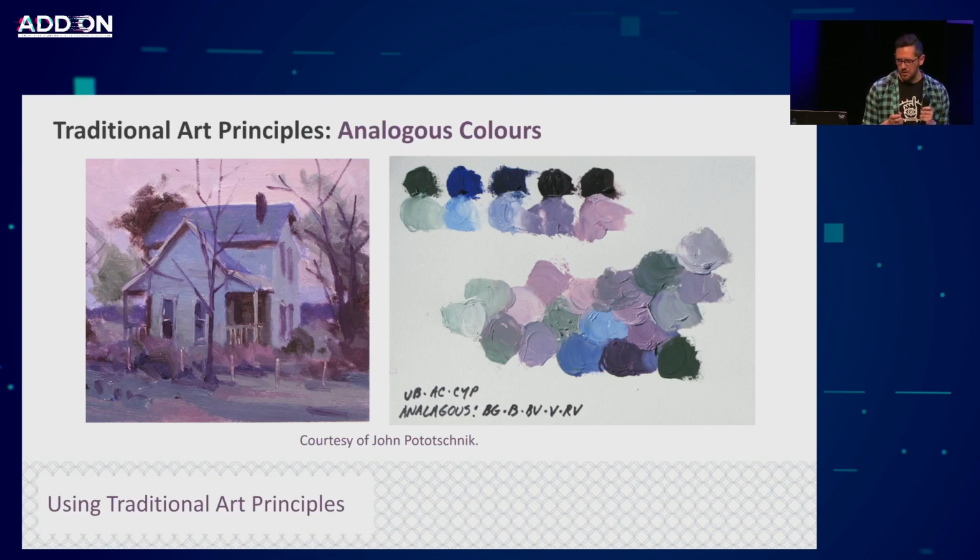But using analogous colors gives everything this sort of vibrancy that's hard to achieve sometimes within, say, a real-time scene, if you have a lighting gradient that's simply going from light to dark. You can't necessarily get those local color pops that you would get if you were painting something traditionally or as a concept.